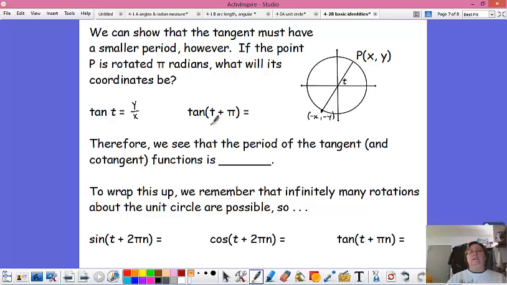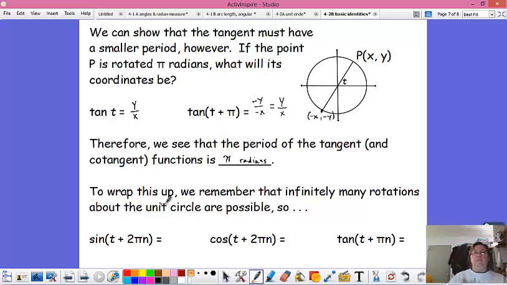If you think about the tangent of t plus pi radians, it will also be negative y over negative x, which is the same as y over x. That is, we get back to exactly the same thing, and all we had to go was pi radians. The period of the tangent function and cotangent is pi radians, because it only takes them a half turn before they become the same values again.